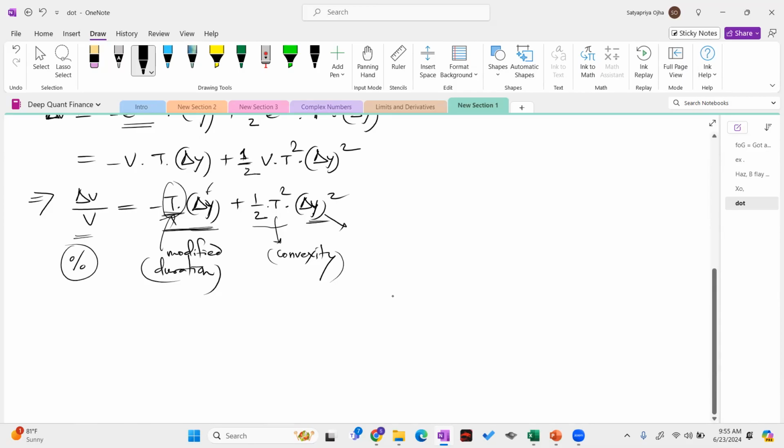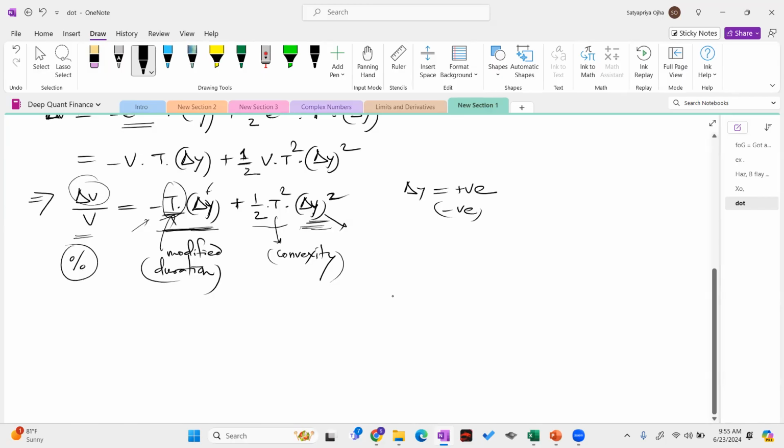One thing you note here is this has a minus sign, and that shows an inverse relationship. If delta y goes up, delta V will go down, and vice versa. But if you look at the second term, delta y whole square, it doesn't matter if delta y is positive or negative, because it's a square, so it will always be positive.